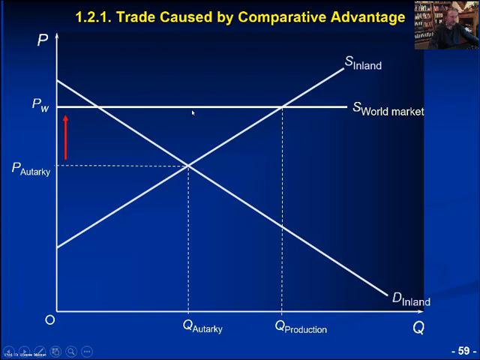So, they are no longer willing to sell refrigerators at the lower autarky price. According to their supply curve, producers will supply a higher production quantity as under autarky conditions here.